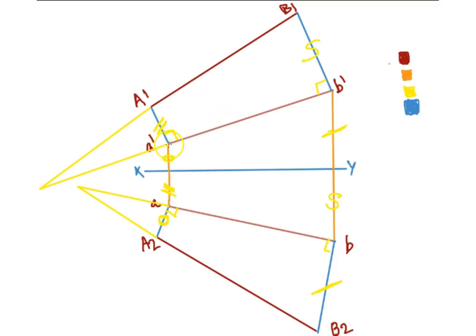So for example, to draw this A1, B1, take this distance from the other view, draw it perpendicular to this line, and mark point A1. Similarly, take this distance, project it perpendicular, mark B1, join them, and you get A1, B1. You can do the same on the other side with these distances.